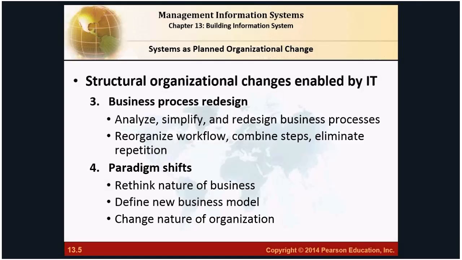So business process redesign: analyze, simplify and redesign business processes. Reorganize workflow, combine steps, eliminate repetitions. So paradigm shifts are: rethink nature of business, define new business models, change nature of organization.